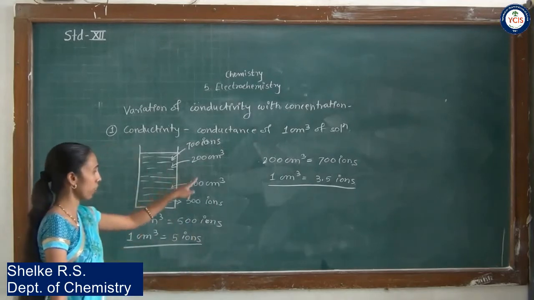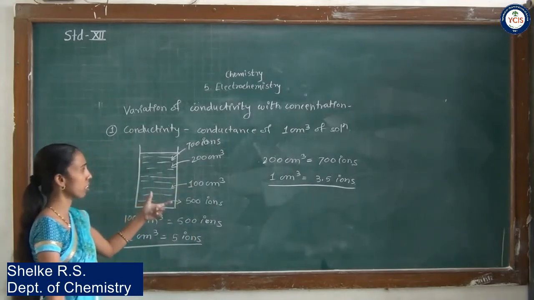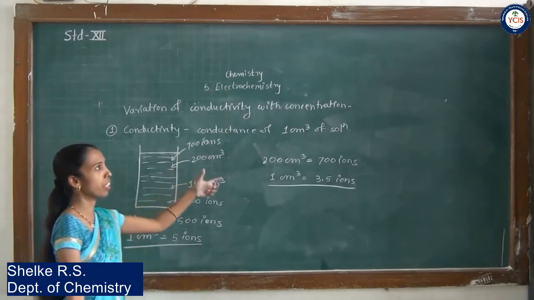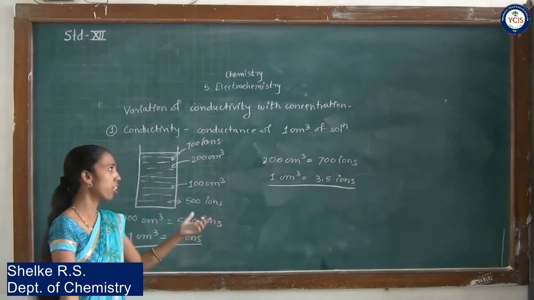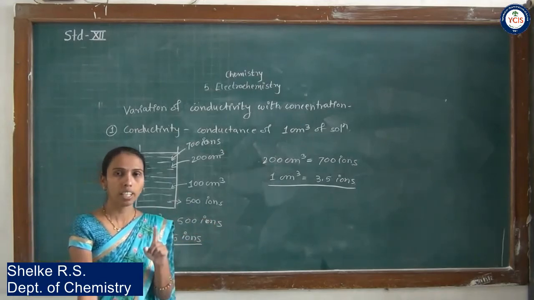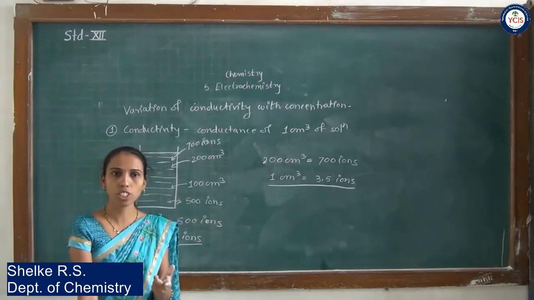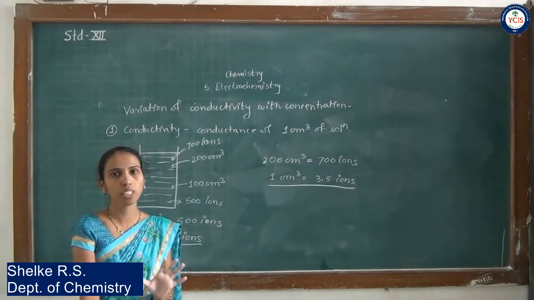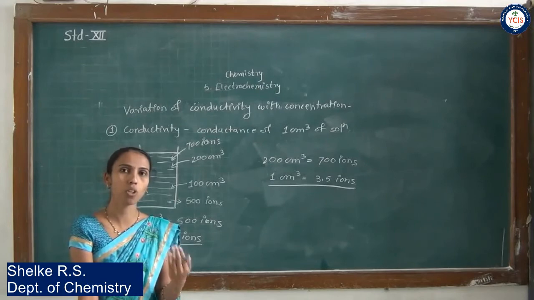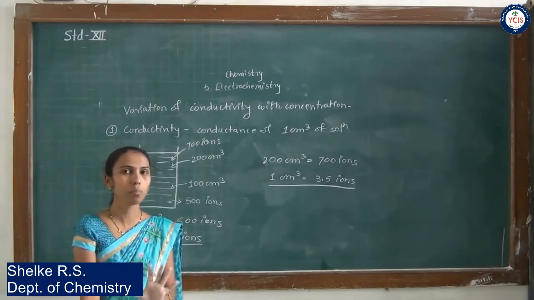And for that we have taken this. How this decrease? Why the conductivity of the solution with concentration decreases? Means as you are increasing the dilution, main point is that the increasing amount of ions is not in the proportion of dilution. म्हणजे तुम्ही जर volume double केला तर number of ions double होत नाही.